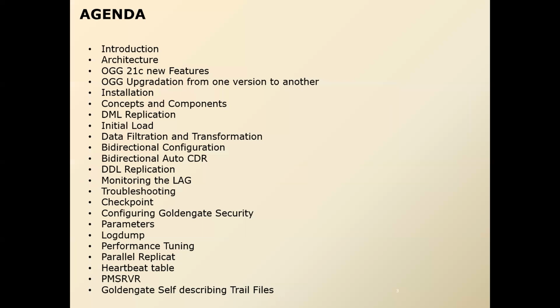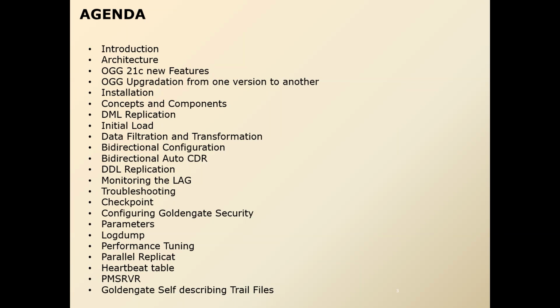Then we'll discuss Oracle Goldengate new features, Oracle Goldengate upgradation from one version to another, how to do installation of Oracle Goldengate, and different concepts and components related to Oracle Goldengate. Then how to perform DML replication. DML replication means insert, update, delete, the transactions which require an explicit commit. So how to replicate that, we'll be discussing.